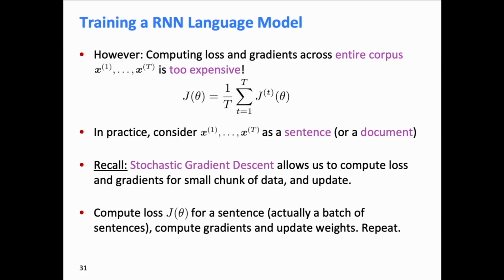Another thing you will do, if you remember, is that stochastic gradient descent allows you to compute gradients for small chunks of data rather than the whole corpus at a time. So if you're training a language model, you're likely to be computing the loss for a batch of sentences, then computing the gradients with respect to that batch, updating your weights, and repeating. Any questions at this point?